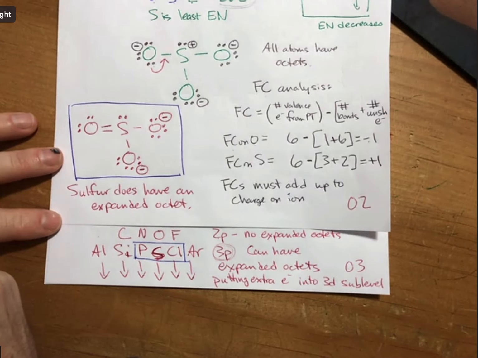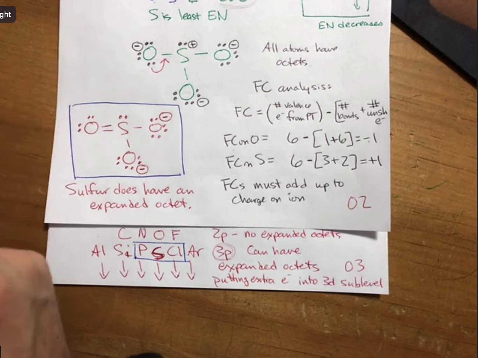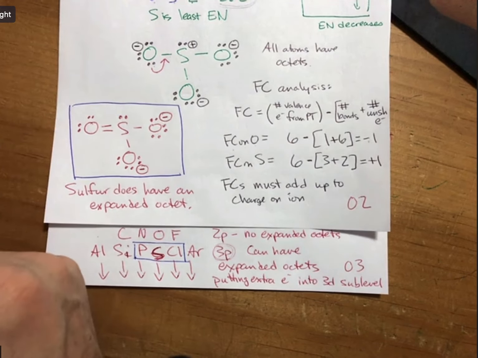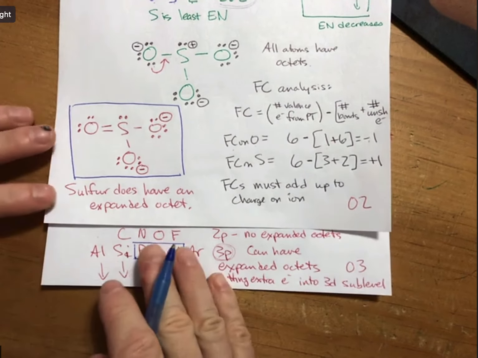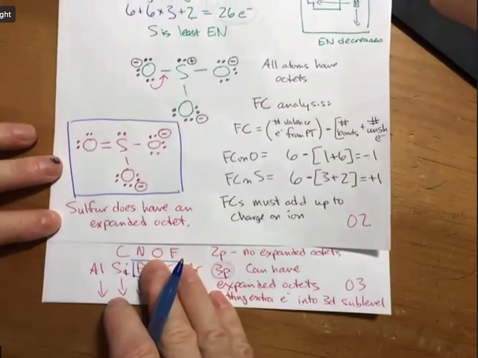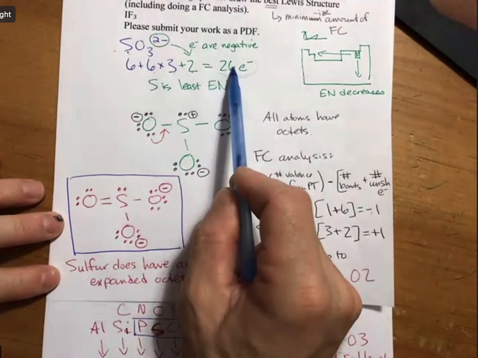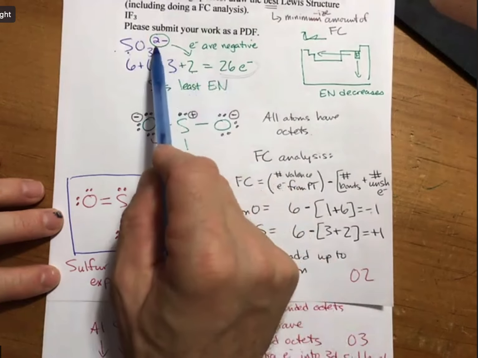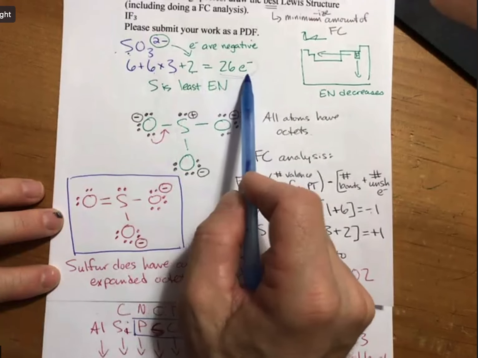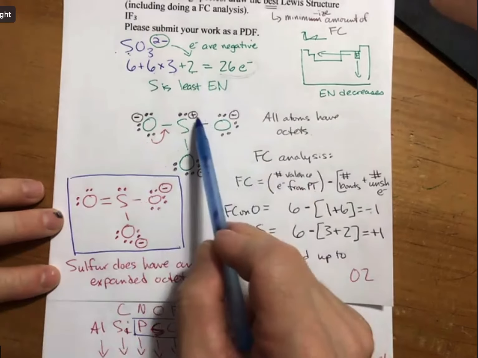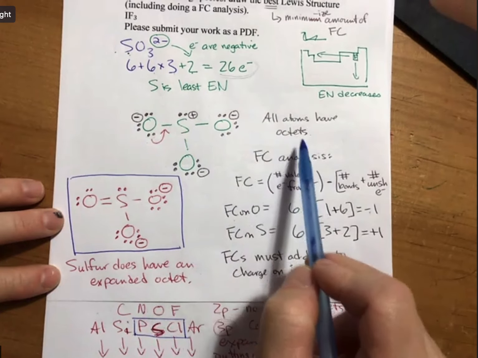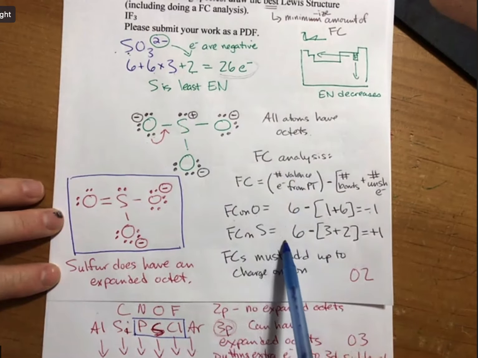And our process, and this is, by the way, probably one of the most complicated Lewis structures we will do as far as process. To remind you what our process was, we found our valence electrons, we added 2 for charge, we put them in until we had octets, and then we did what's called a formal charge analysis.